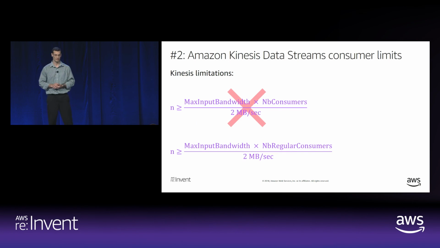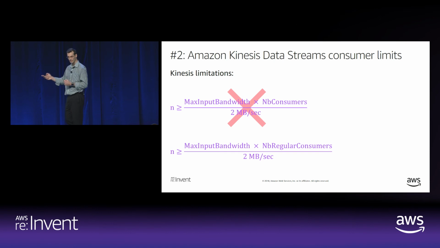What this does change, however, is that the data consumption limits are affected. The Fanout consumers see no limits because they can consume twice as fast as the producer can produce. It also changes the other, regular consumers, because now they have a smaller pool of consumers to share that 2 megabytes per second bandwidth with.